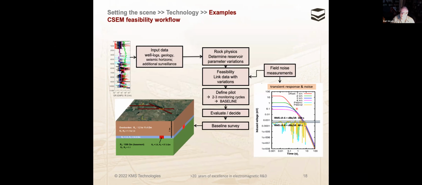So how do you do this? The first thing we do is we get the well logs and anything we can put our hands on, of course, the geology and seismic horizons, and we derive an anisotropic model. And here is the log and the anisotropic model.